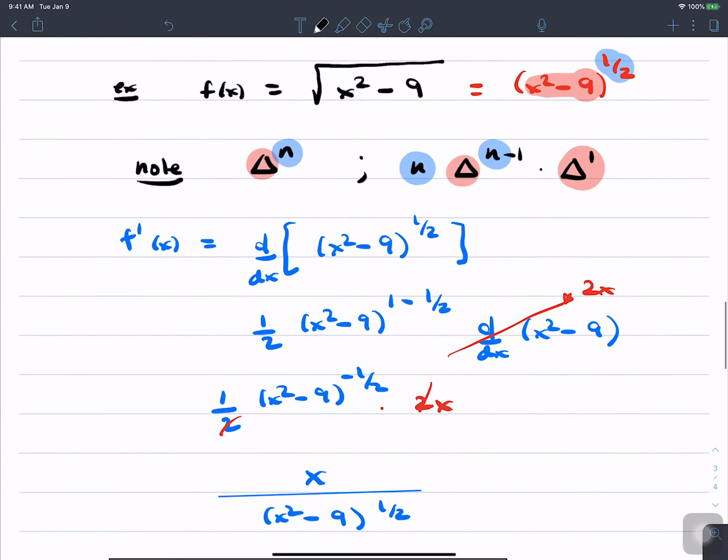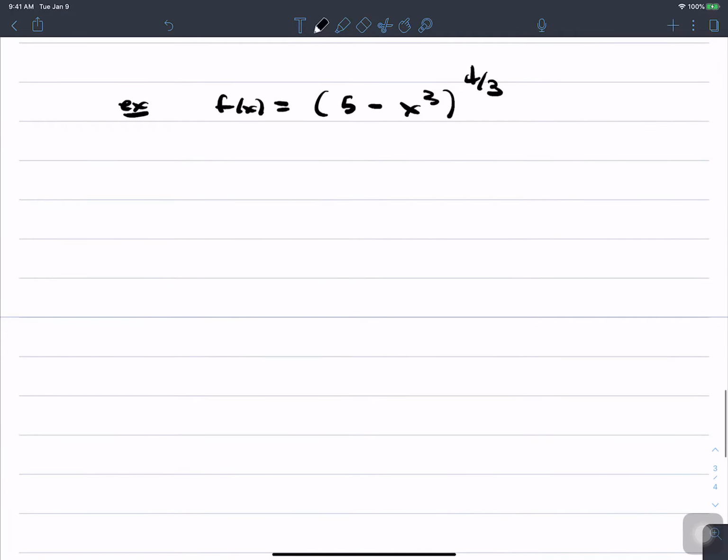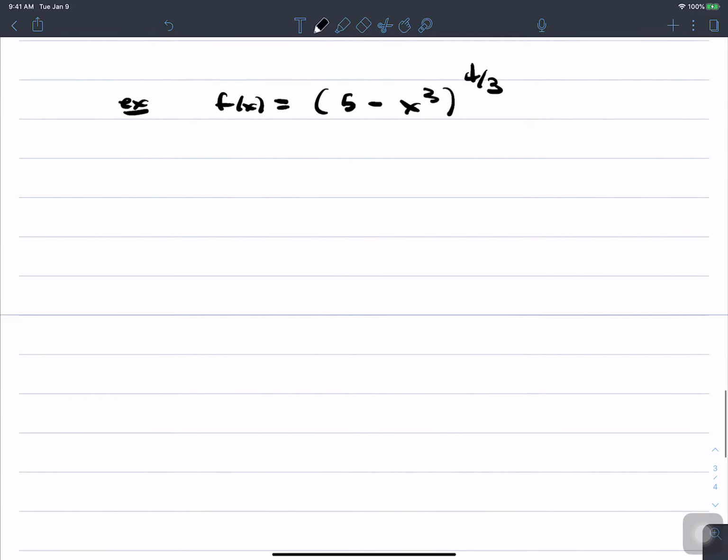So, here's kind of an interesting question as well. F of x, we'll say (5 minus x cubed) to maybe the 4/3 power. So again, I'm going to note that this is going to be the power rule version of chain rule. Right?